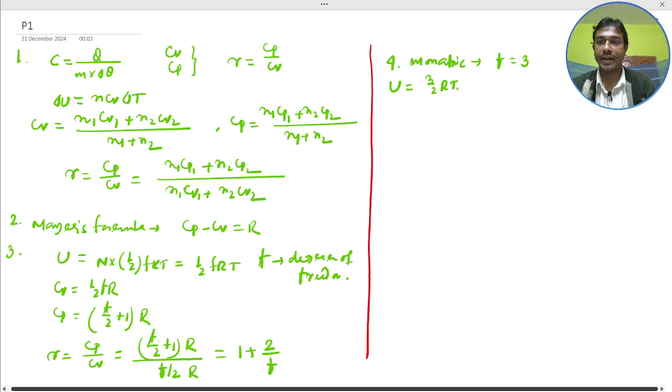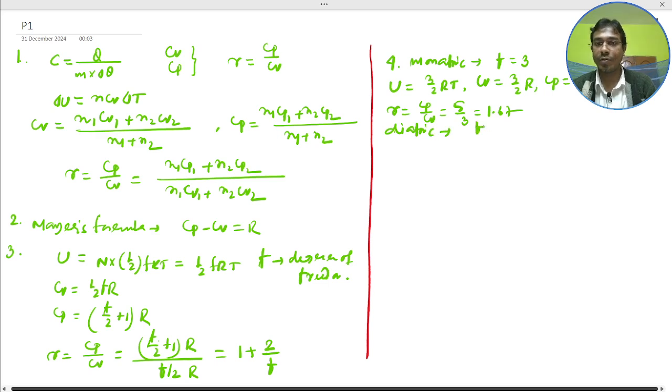For monoatomic gas, Cv is 3 by 2 R, Cp is 5 by 2 R, and gamma, Cp by Cv, is 5 by 3, that is 1.67.